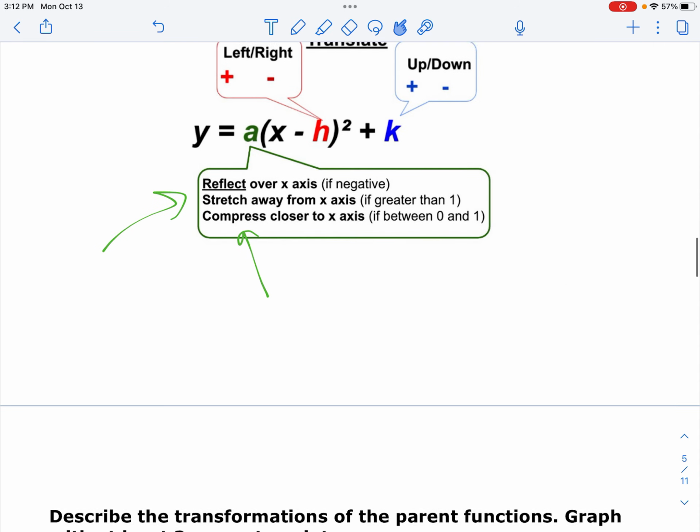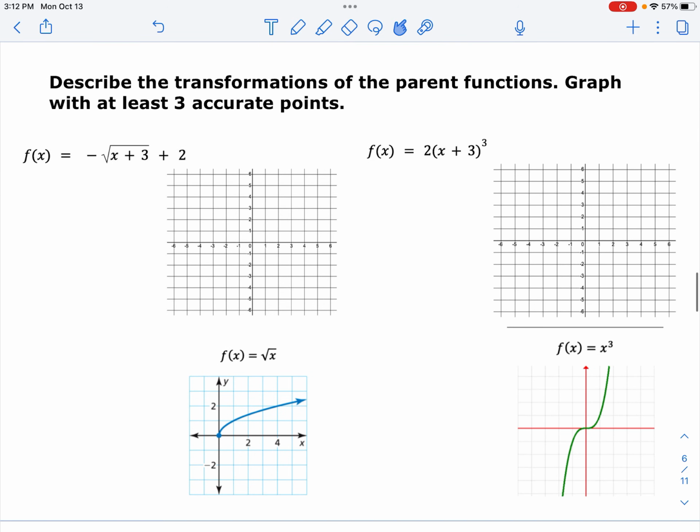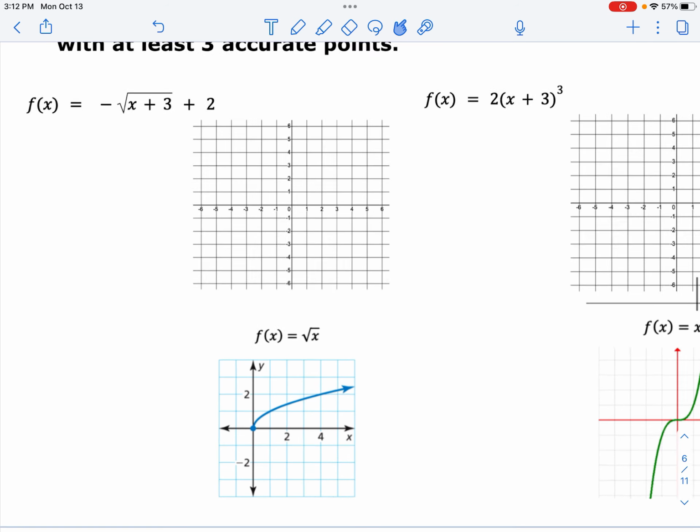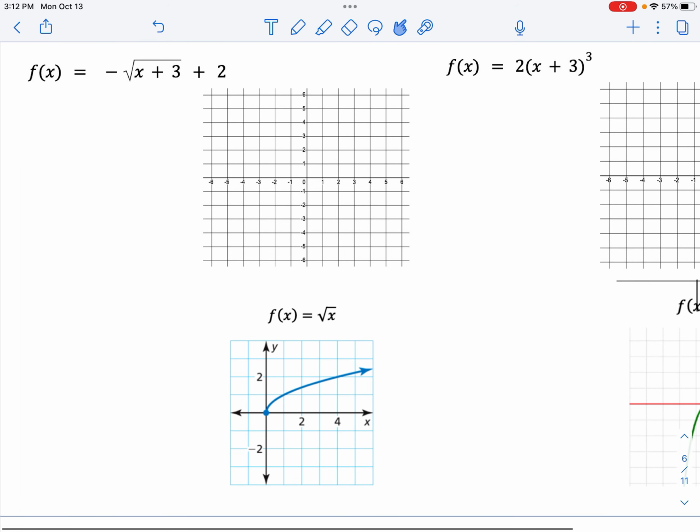Okay, so we're going to use that information and try with some other things. So our directions here say to describe the transformations of the parent functions. Graph with at least 3 accurate points. Okay, so this first one, it says f of x is equal to negative square root of x plus 3, plus 2.